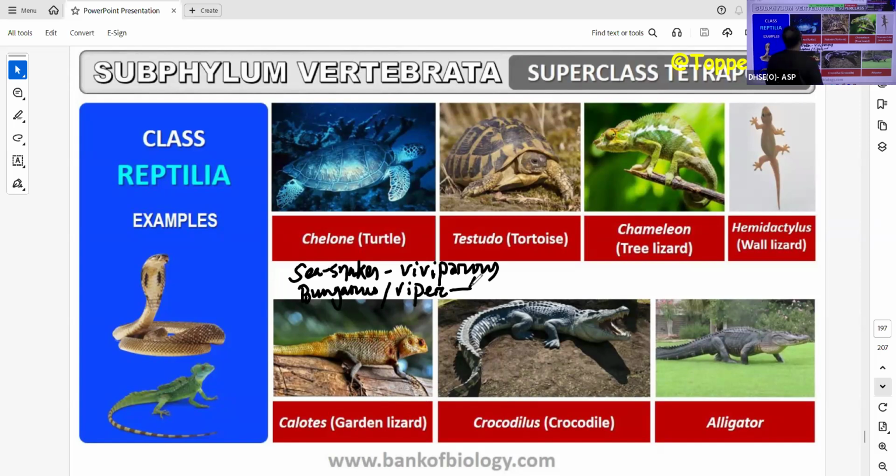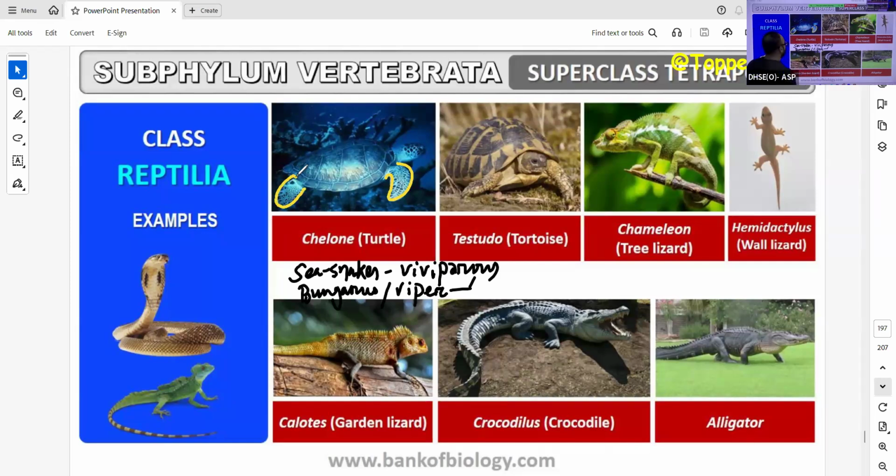As you can see in the examples here, this is Hemidactylus or wall lizard. This is chameleon or the tree lizard. Testudo or tortoise. Chelone or turtle. Difference between turtle and tortoise: in case of the turtle, these are referred to as paddles.